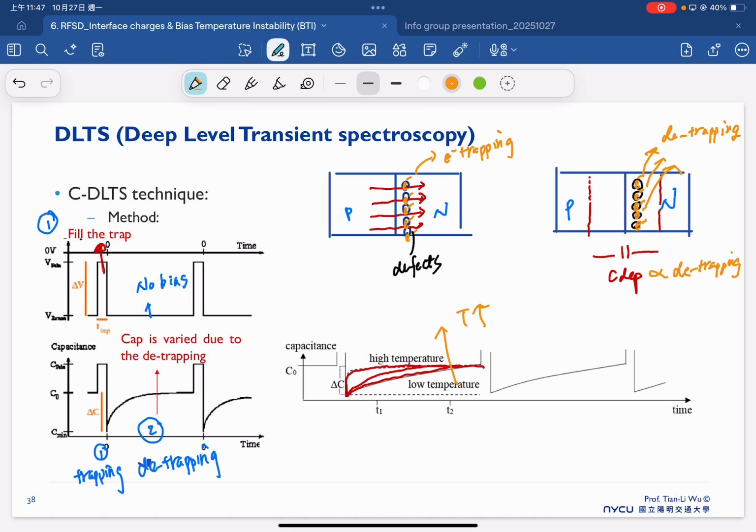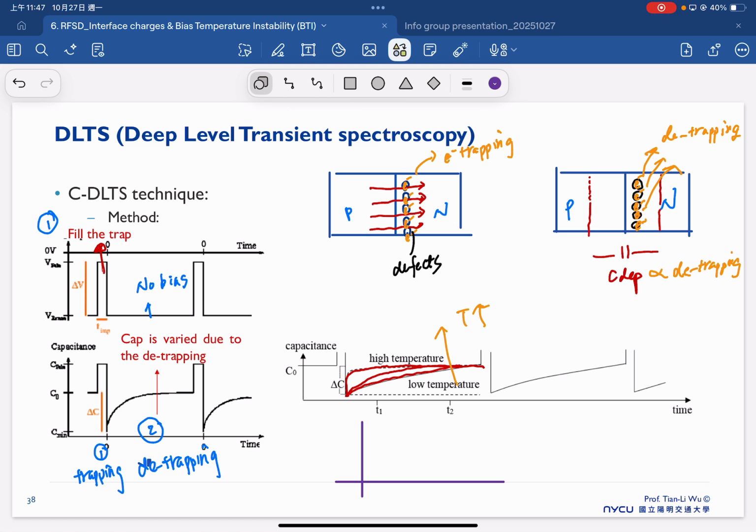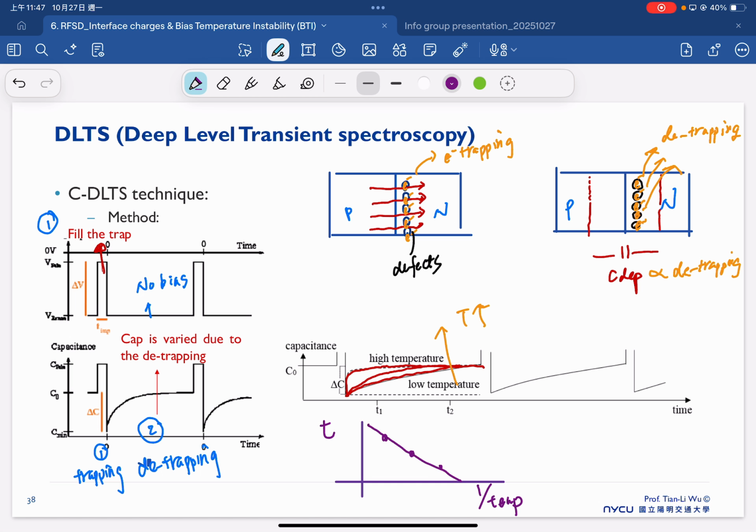And then once we have the temperature dependent characteristic, we can start to plot the Arrhenius plot, where we have a certain amount of time versus 1 over temperature here. And then we can fit this and extract our activation energy here.